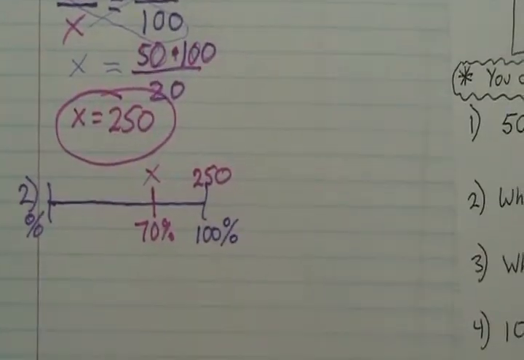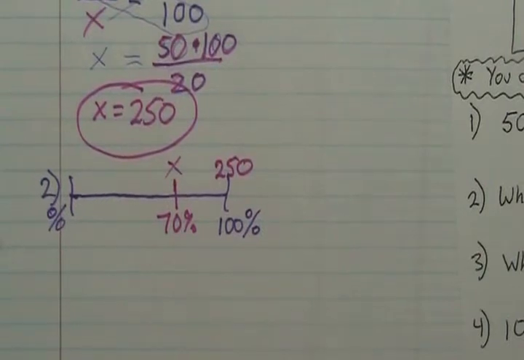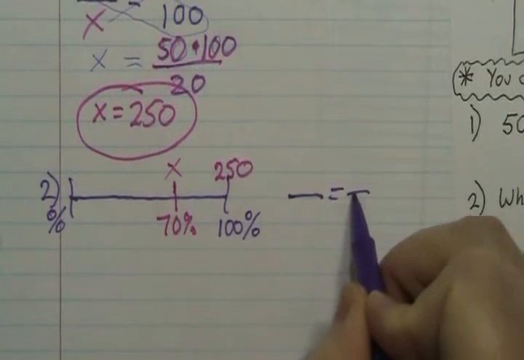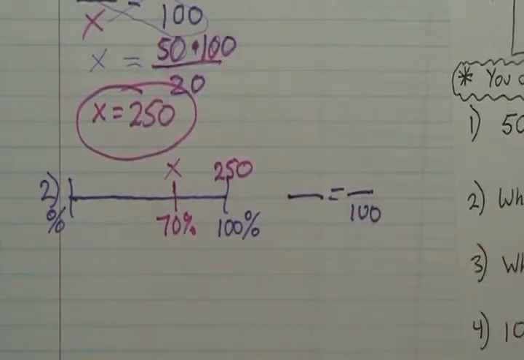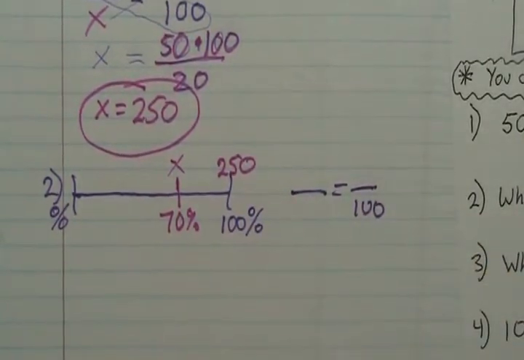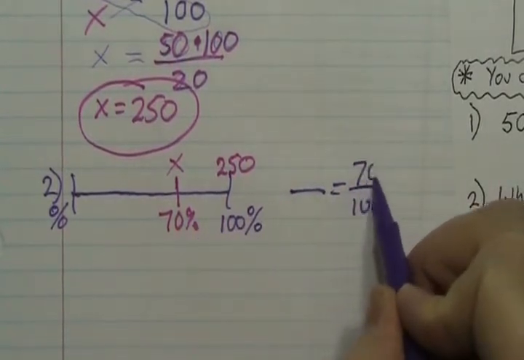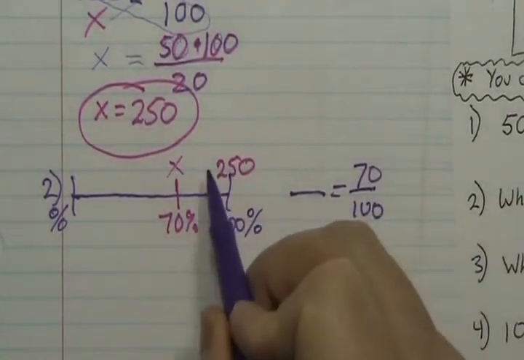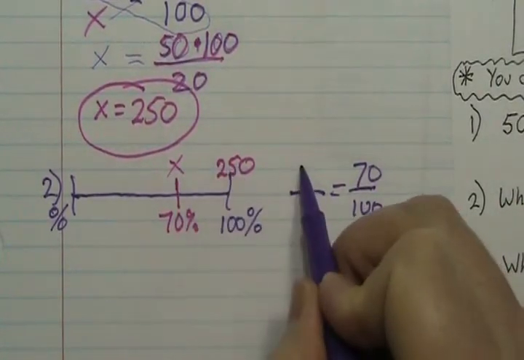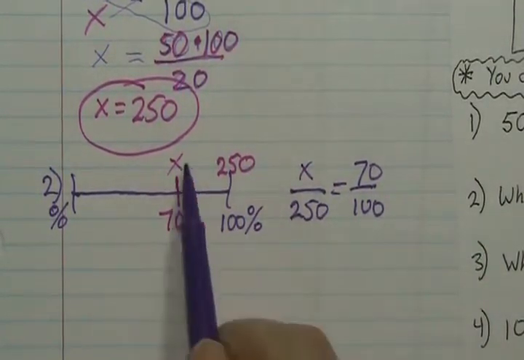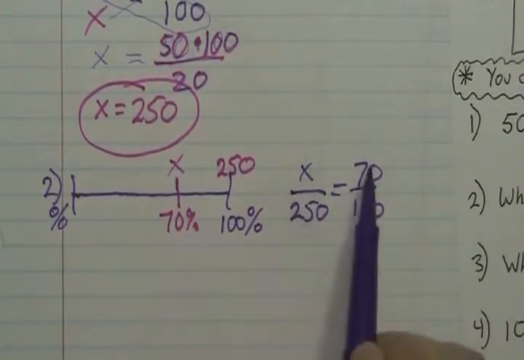So now I'm going to put the proportion over to the side this time. Again, you don't have to write real large, just enough so I can see it. Let's see what numbers we have. We have 70%, that's 70 over 100, and then something over 250. This is one fraction, here's the other fraction.